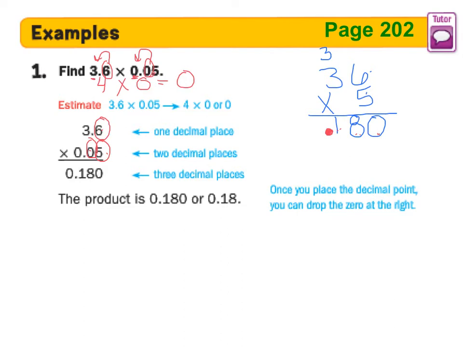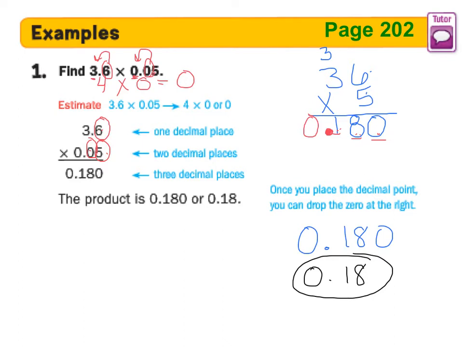So now that I have 3 numbers behind it, I'll put a 0 out in front to hold up the place value. So my answer is 0 and 180 thousandths. And as we know with decimals, we don't have to keep that extra 0 at the end, so we could say it is 18/100ths.